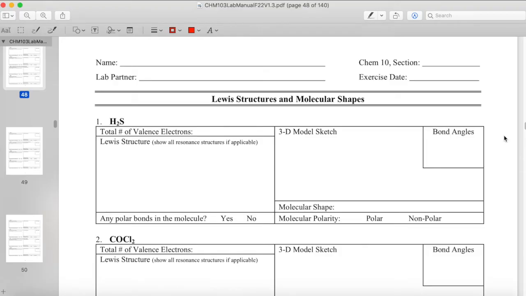Now, Lewis structures are basically pictures of molecules that show where the valence electrons are in those molecules. So we represent electrons as dots around our atoms.